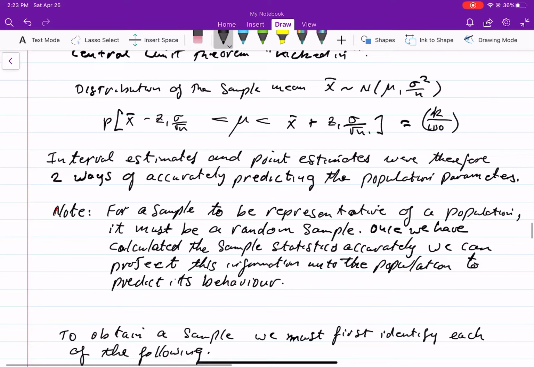Okay. And then I gave a scenario where for a sample to be representative of a population, it must be random. It must be a random sample. Once we have calculated the sample statistics accurately, we can project this information onto the population to predict its behavior. I kind of said that before, but I just have it written down there.